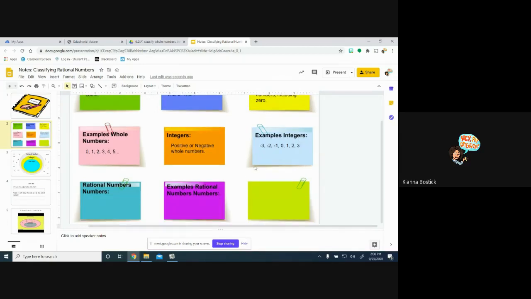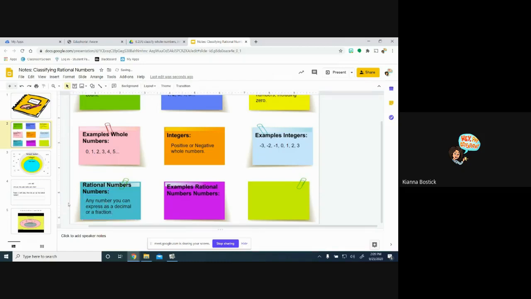Right. Moving on to rational numbers. You may have heard me mention this before. If not, it's okay. We are finally going to go over what rational numbers are. We are going to say they are any number you can express as a decimal or a fraction.